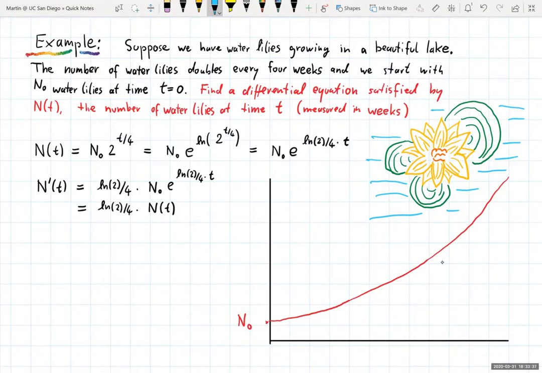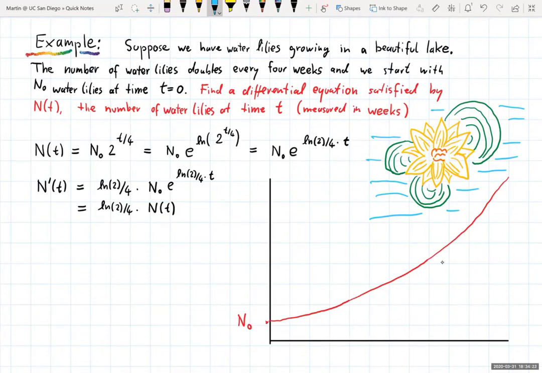So I can tell that n prime of t, the derivative of n of t, must be the same as the logarithm of 2 over 4 times n naught times the exponential of the logarithm of 2 over 4 times t. And of course here I recognize that I've got the function n of t again.